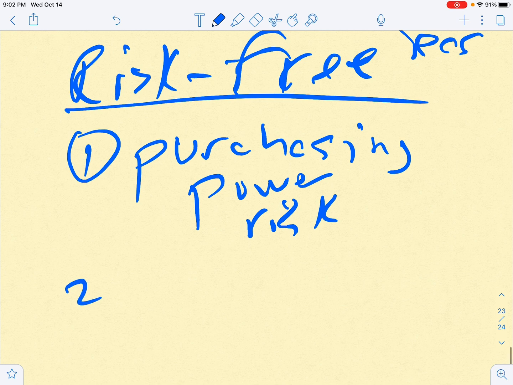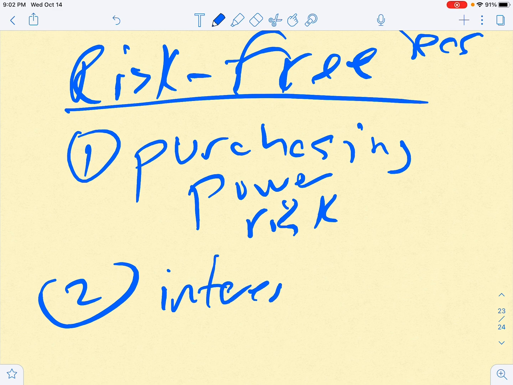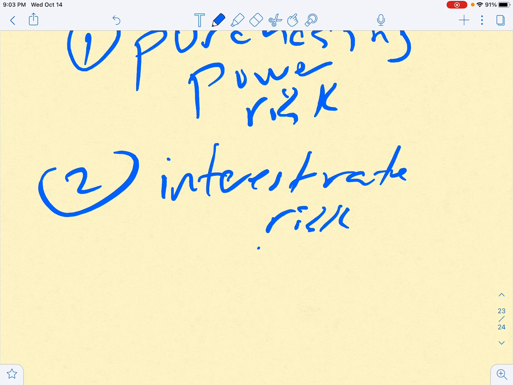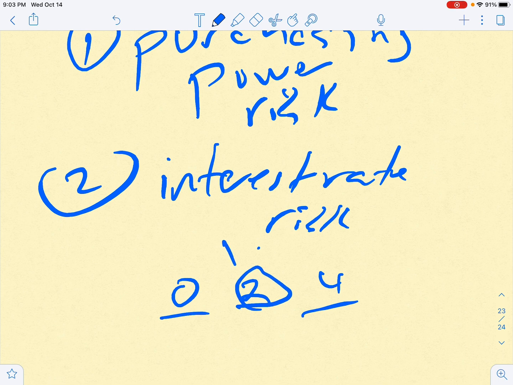The second type of risk associated with investing in Treasury securities is interest rate risk. The idea here is that you buy a security at date 0 that matures at date 4. What if you want to sell it at date 2? Life's full of surprises.